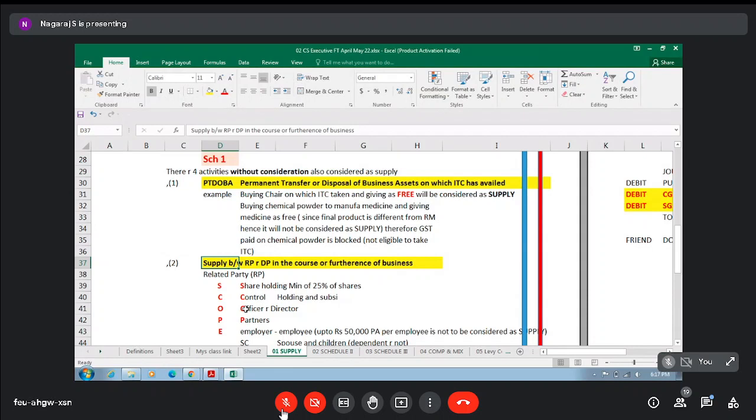What does it mean? It means once you qualify as a company secretary, assume that you will start practicing. I will be your client. Since I am your lecturer, whatever supply you do, you will not charge me.